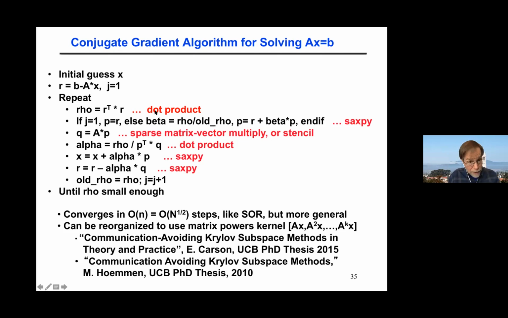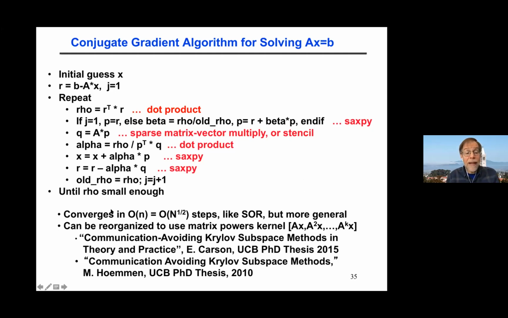Well, there's a dot product, which involves communication, another dot product, and then 3 Saxpys. If you remember, a Saxpy is a BLAS1 operation where I do a scalar times a vector plus a vector. So no communication required and all embarrassingly parallel. The communication is in the stencil operation, the matrix vector multiply, and in the dot products.